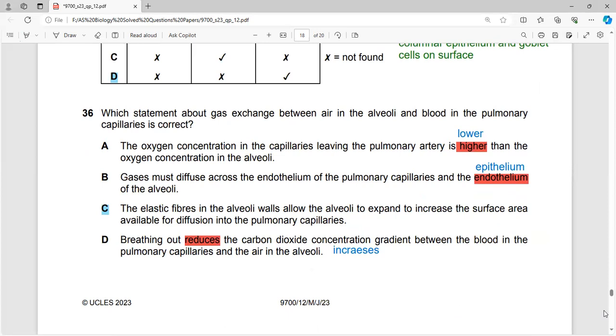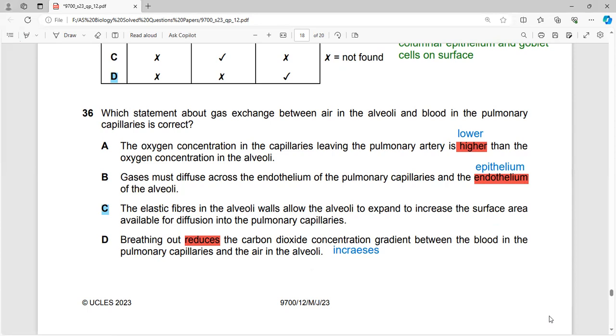Now, question number 36. Which statement about the gaseous exchange between the air in alveoli and the blood in pulmonary capillaries is correct? For this question, you need to falsify every statement to find the correct one. Option A: the oxygen concentration in a capillary leaving the pulmonary artery is higher than the oxygen concentration in alveoli.